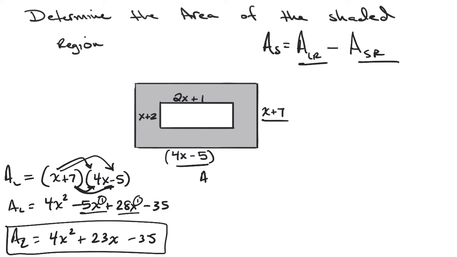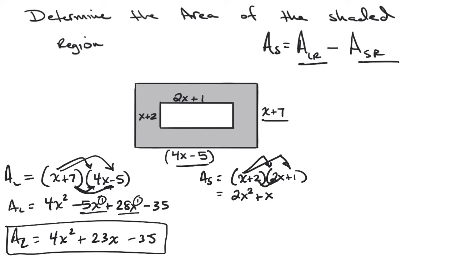And then I will take the area of the smaller one. So the area of the smaller one is found by doing this group of x plus 2 and multiplying that by 2x plus 1. So now we go through and we do this work. So x times 2x, x times 1. So I get 2x squared plus x.